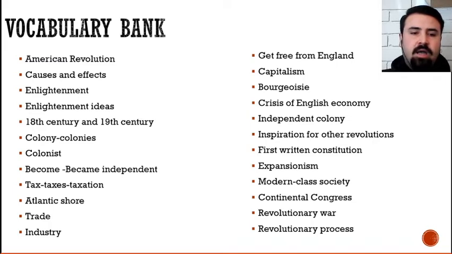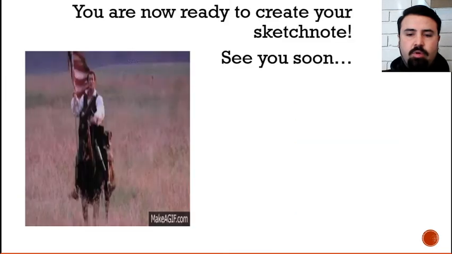Taxation. Atlantic shore. Trade. Industry. Get free from England. Capitalism. Bourgeoisie. Crisis of English economy. Independent colony. Inspiration for other revolutions. First ever written constitution. Expansionism. Modern class society. Continental Congress. Revolutionary War and revolutionary process.